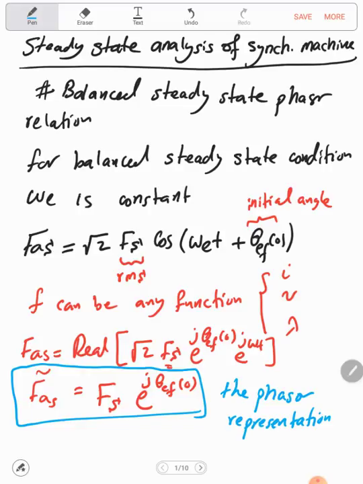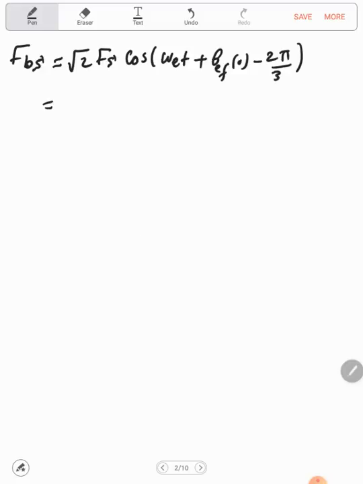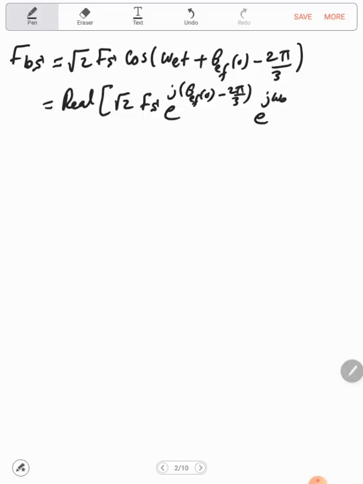Now in the same fashion we can write the phasor representation for the Fbs and the Fcs. So here we can write Fbs as a time domain. This will equal square root of 2 Fs cosine omega Et plus theta EF of 0 minus 2 pi over 3, and this will equal the real part of square root of 2 Fs exponential of j theta EF of 0 minus 2 pi over 3 exponential of j omega Et.